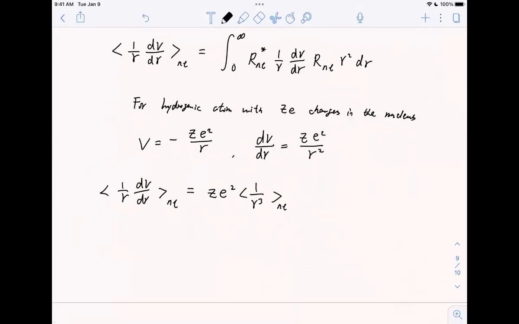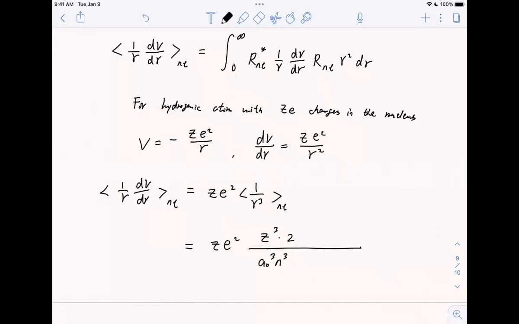Then you can go back and check. I think people already calculated it. Probably you can find it in the textbook or somewhere. The expectation value of 1 over R cubed on the hydrogen atom will give you an expression like this.